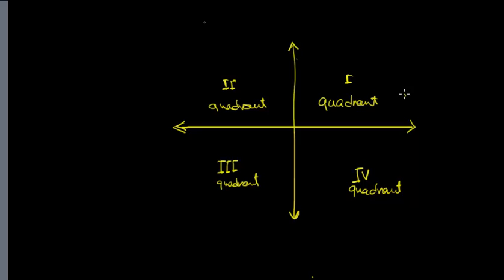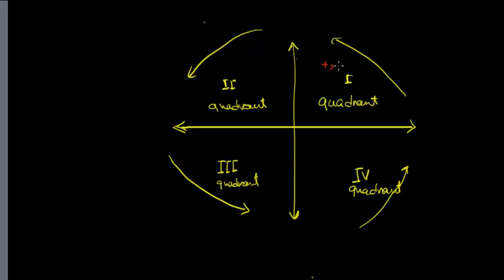They are numbered counterclockwise. In the first quadrant both x and y are positive. In the second quadrant, x is negative and y is positive. In the third quadrant, x and y are both negative. And in the fourth one, x is positive but y is negative.